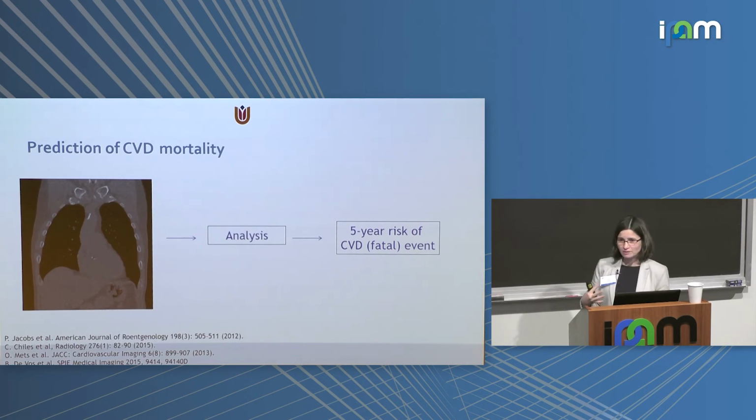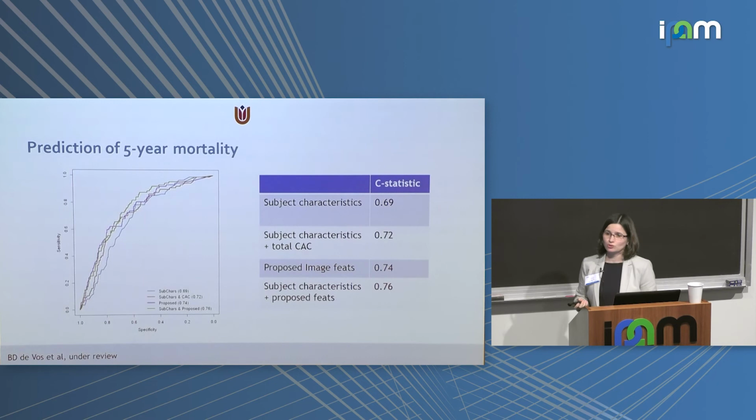When a scan is made, an analysis in the form of a calcium score is performed, and the literature has shown that it is not only the total calcium score that is predictive, but that it also matters in which arteries the calcifications are, whether they're proximal or distal in the artery, what their size distribution is, what their density distribution is, and that it all contributes to the prediction of the events.